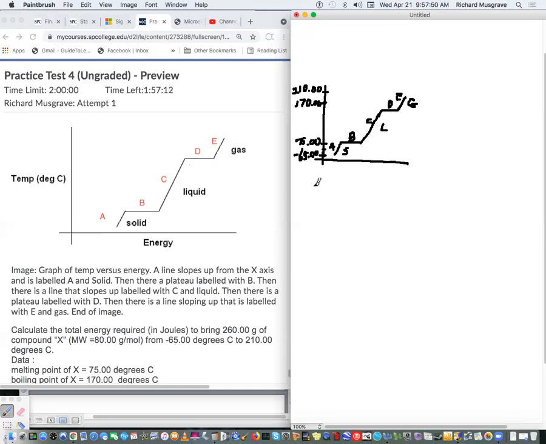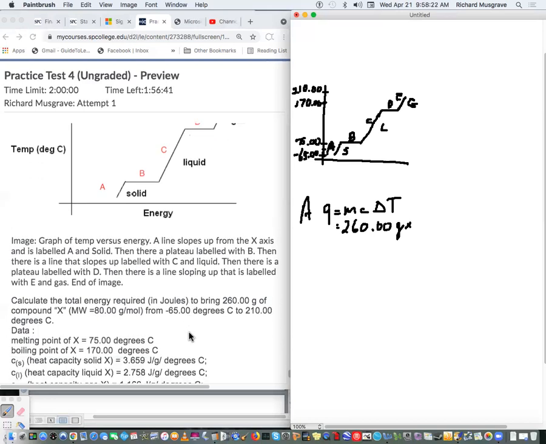So we'll do A first. So that's an A there, and that's a slopey bit. So Q equals MC delta T. And the mass is, according to the problem here, 260.00 grams. We need the heat capacity of the solid.